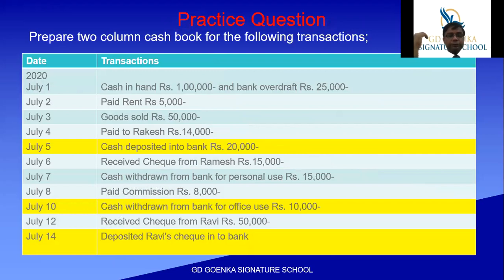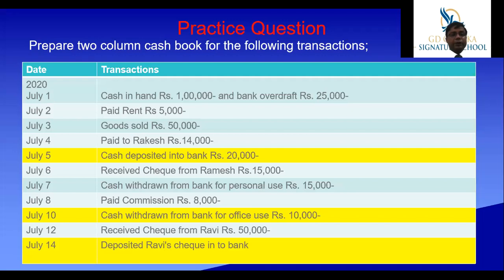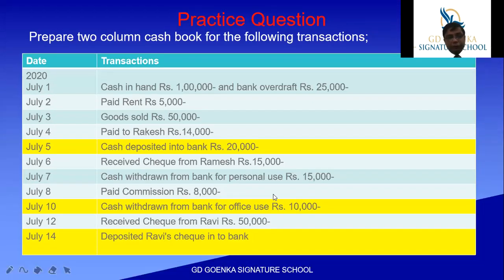I will explain to you. The first transaction, that is the July 1 transaction, is bank overdraft. Bank overdraft is a facility given by the bank to its customers to have a negative balance. The bank gives this facility because it is going to earn interest on it.